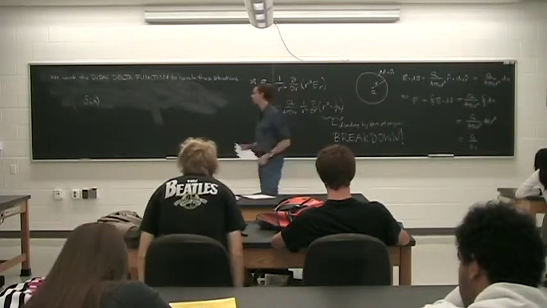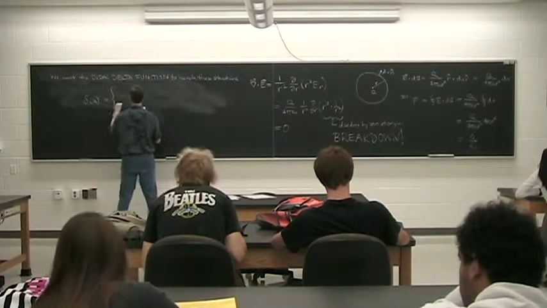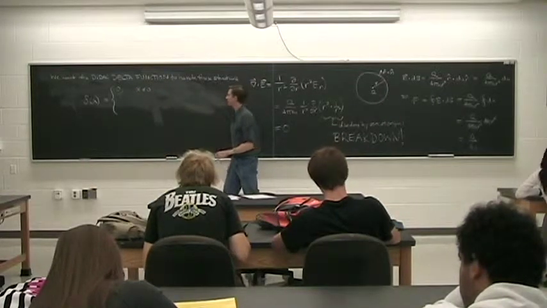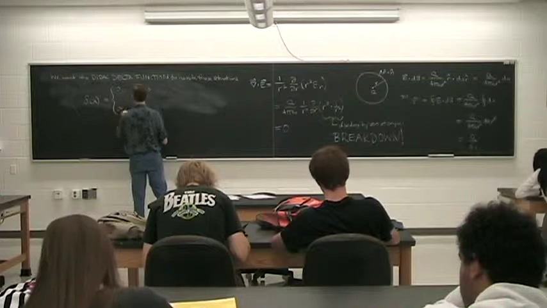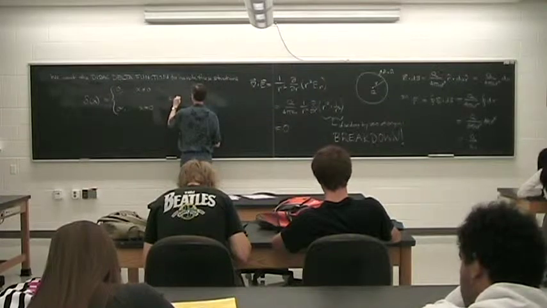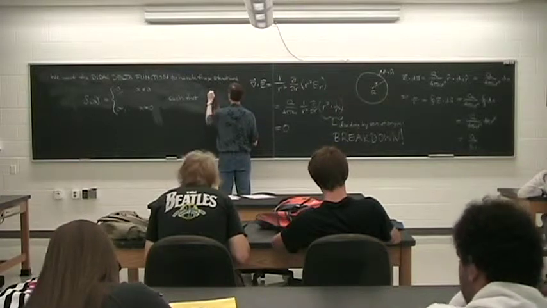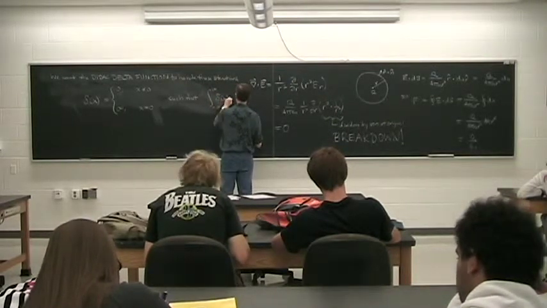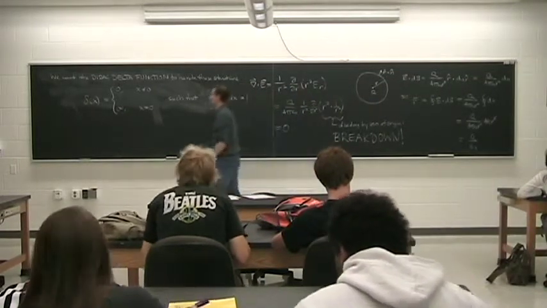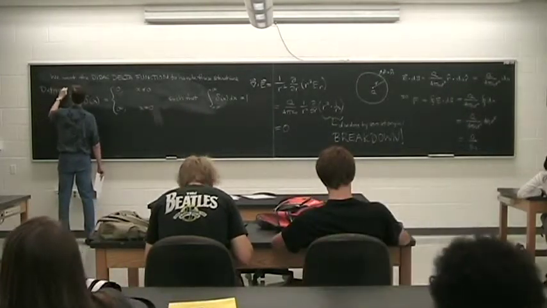So it's a small Greek delta of x, which is equal to 0 when x is not equal to 0, and it's equal to infinity when x is equal to 0, such that the integral from minus infinity to infinity of delta of x dx is equal to 1.